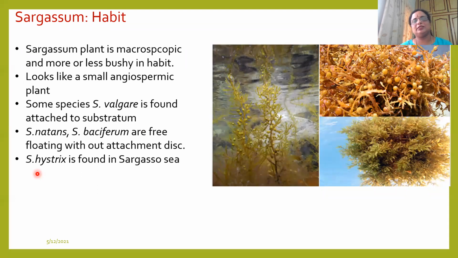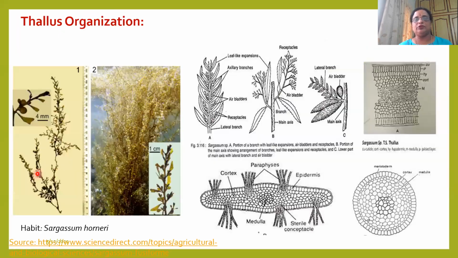Kindly remember, this is a macroalgae, a brown algae, and a marine algae. It looks like a bushy angiosperm plant and has a thallus with a stem-like structure and leaf-like structures of an angiosperm, and they are free-floating, and some of them are found attached to the substratum.